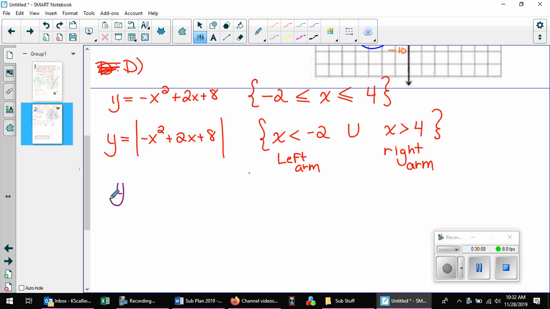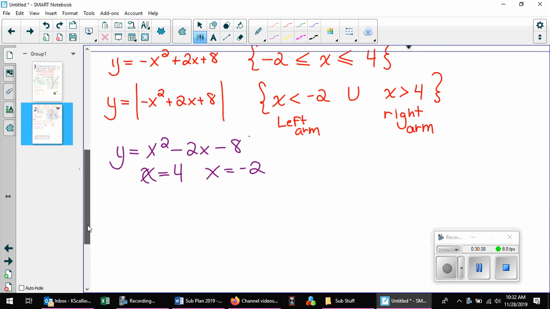Okay, so y equals x squared minus 2x minus 8. This is going to give me x-intercepts of x equals positive 4 and negative 2, a y-intercept of negative 8, and where's my vertex on this one?